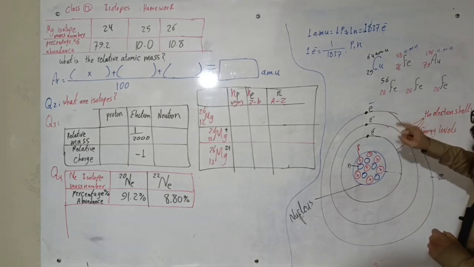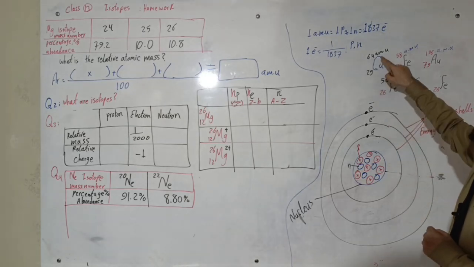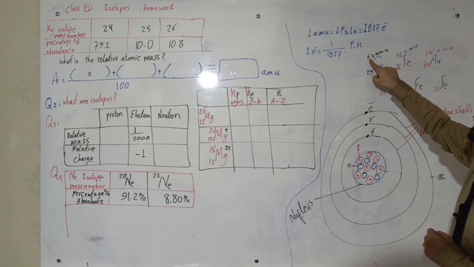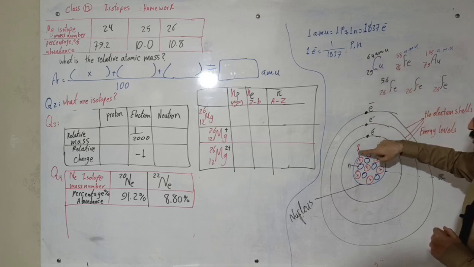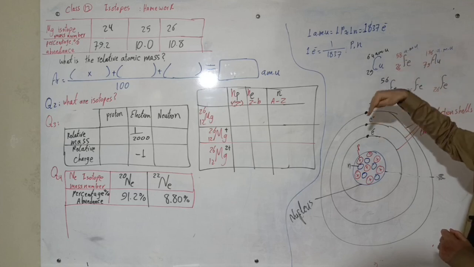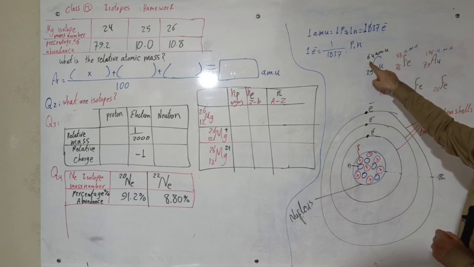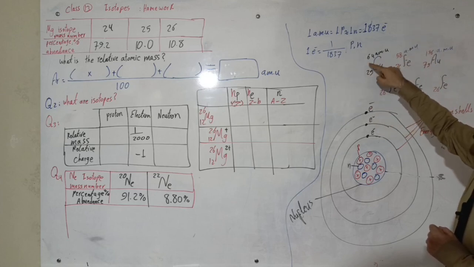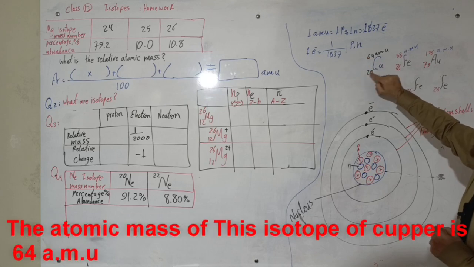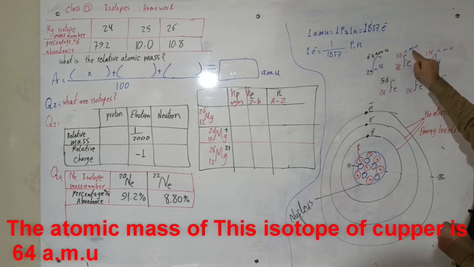And we said that according to this method, we have, for example, here copper. Copper has 64 nucleons, or 64 protons and neutrons inside its nucleus, so the atomic mass of copper is 64.